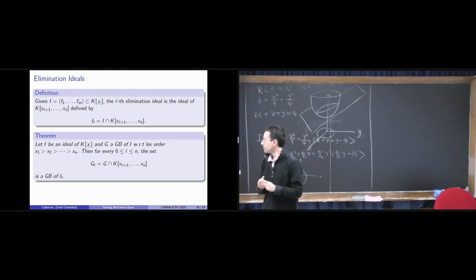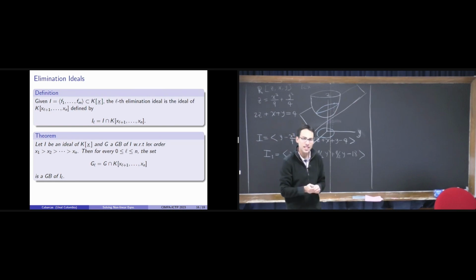Then for every L, the set of G intersected with the polynomial ring in the last n minus L variables, that's what we're calling G_L, taking the elements from G and only including those that are written in the last n minus L variables, that set, G_L, is a Groebner basis of the elimination ideal I_L.